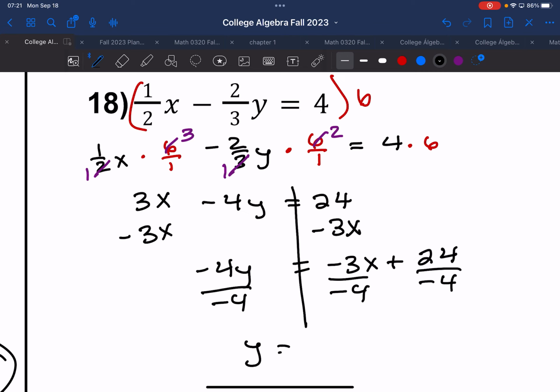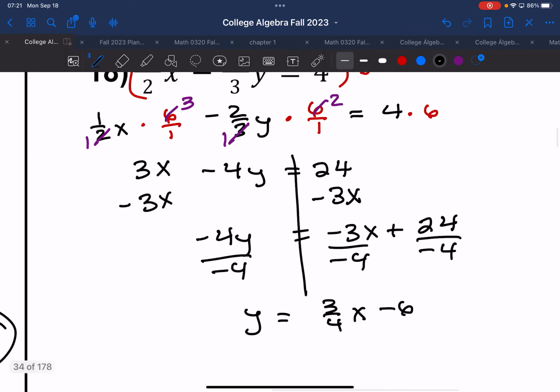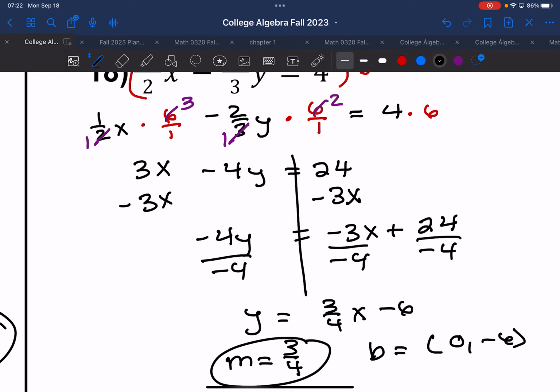So we have y is equal to 3/4 x because those negatives cancel out. And then 24 divided by negative 4 is negative 6. Okay, which means we have a slope of 3/4 and a y-intercept of what point? 0, negative 6.